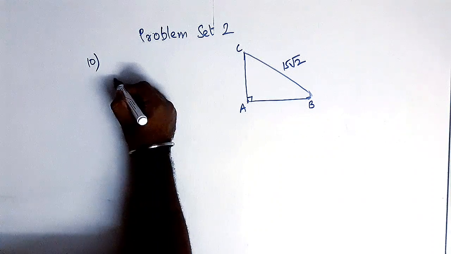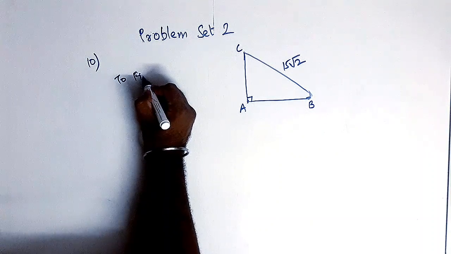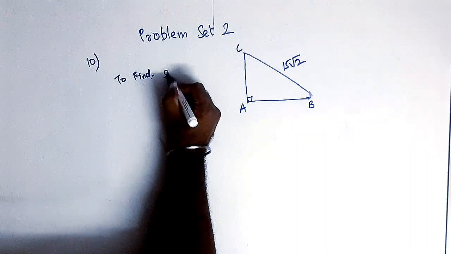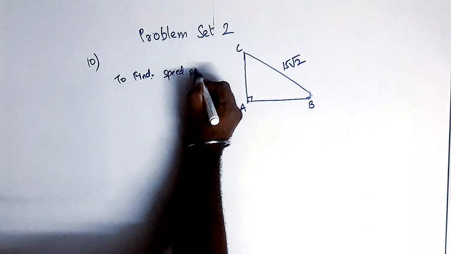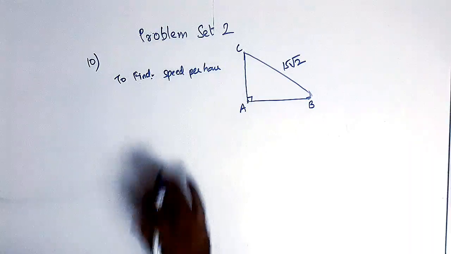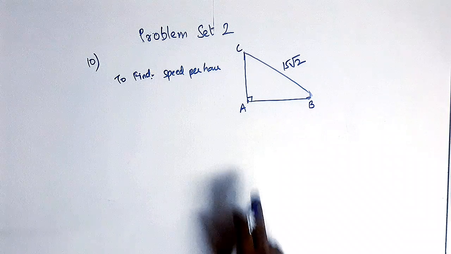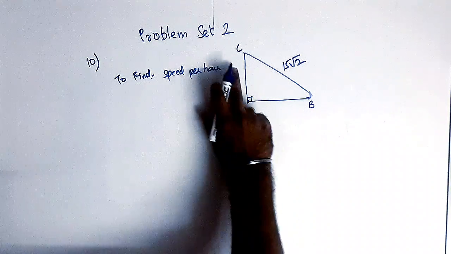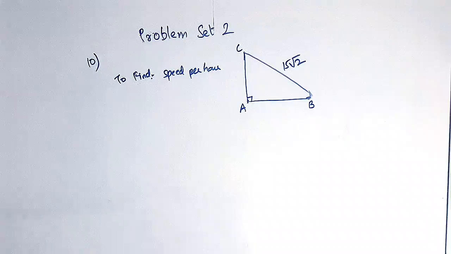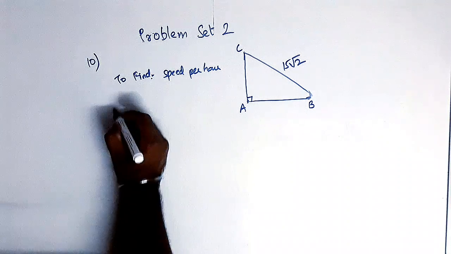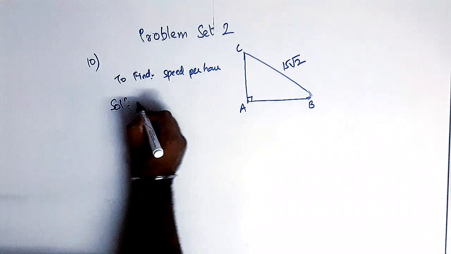We are asked to find the speed per hour. Now two things you have to remember here. One, they have taken 2 hours to reach there. And the second thing is, they both have traveled the same distance because they were walking at the same speed. So how will we do this?